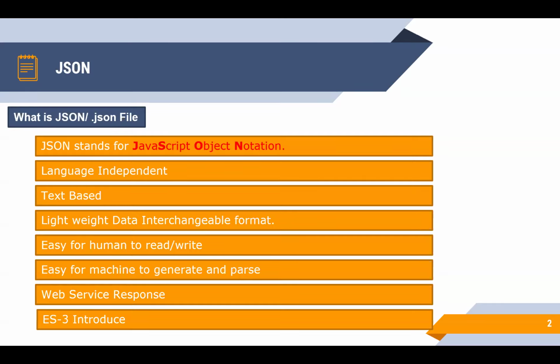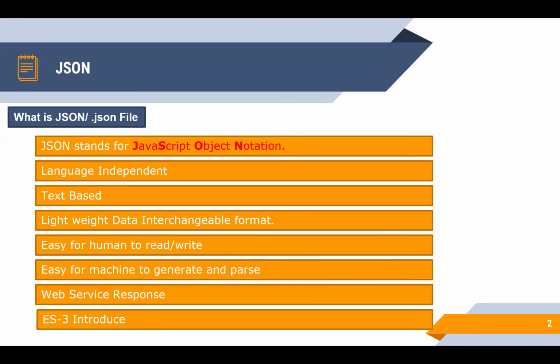In any language you can use it. Text based: it is purely a text based language or text based object. Lightweight data interchangeable format. As you saw, we converted JSON to string and string to JSON. So easily we can convert JSON to any format.